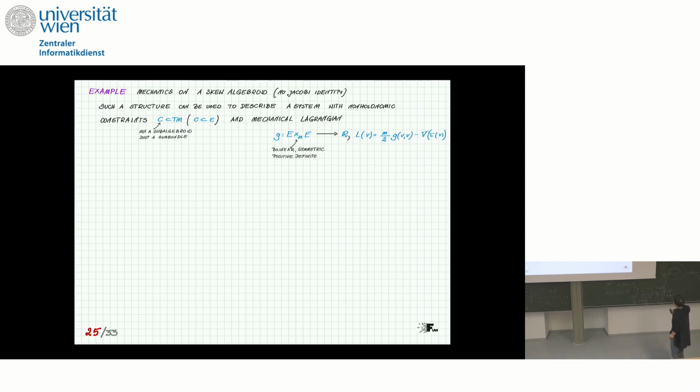One is kinetic energy and one is potential energy, and kinetic energy has to come from the metric. So there will be a bundle metric here. So if we are on TM, it will be just the metric on M. If we are in more general algebroid setting, we need a bundle metric, so bilinear symmetric positive definite form on E.